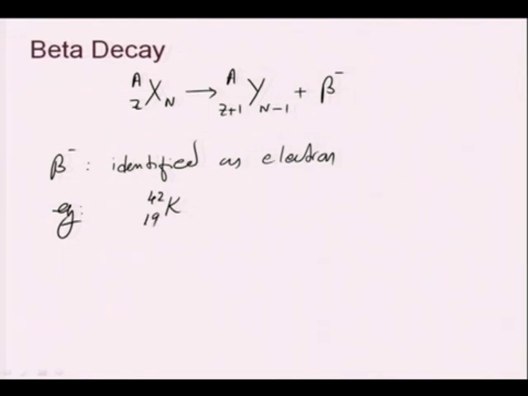Potassium has 19 protons, and in this particular isotope of potassium 23 neutrons in it, and it converts itself into calcium with 20 protons and 22 neutrons, atomic mass remaining the same, along with emission of an electron.